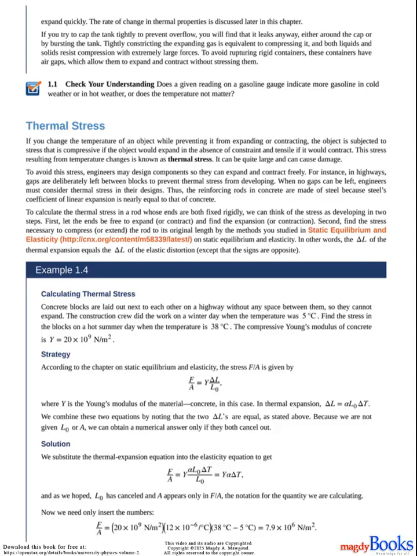To calculate the thermal stress in a rod whose ends are both fixed rigidly, we can think of the stress as developing in two steps. First, let the ends be free to expand, or contract, and find the expansion, or contraction. Second, find the stress necessary to compress, or extend, the rod to its original length by the methods you studied in static equilibrium and elasticity.